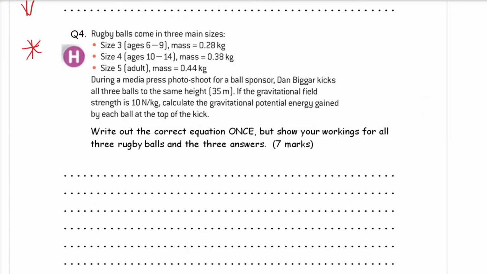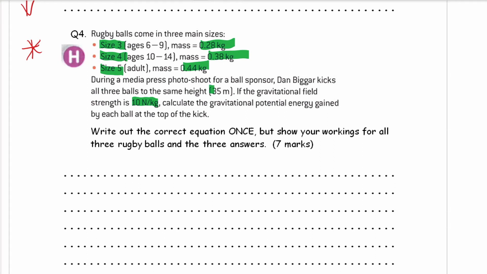For the size, you've got the size 3 ball, size 4 ball, different mass, size 5 ball, different mass. Gravitational field strength for all 3 is obviously going to be the same. It's not as if Dan Bigger is going to kick one ball on Earth, another on Mars, and another on Jupiter. It's staying the same.